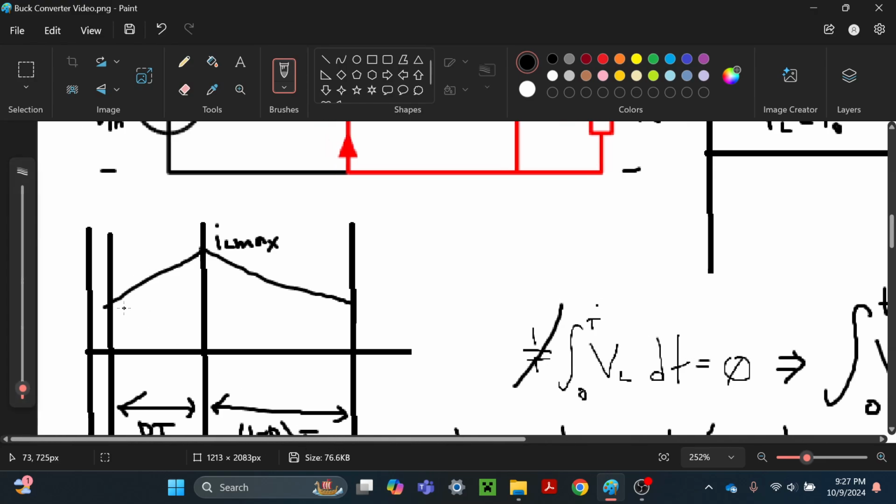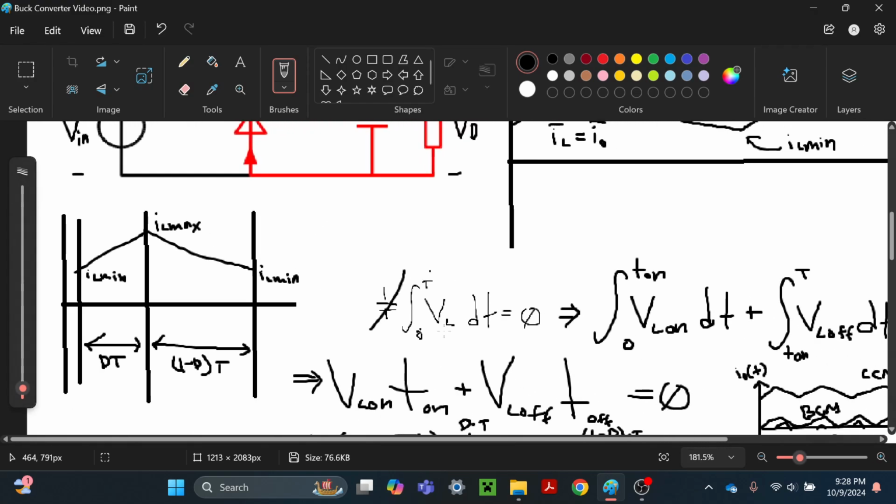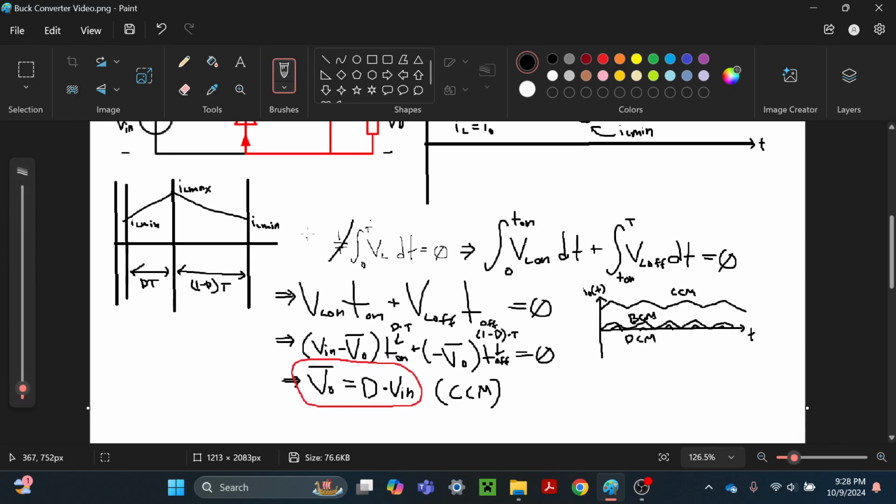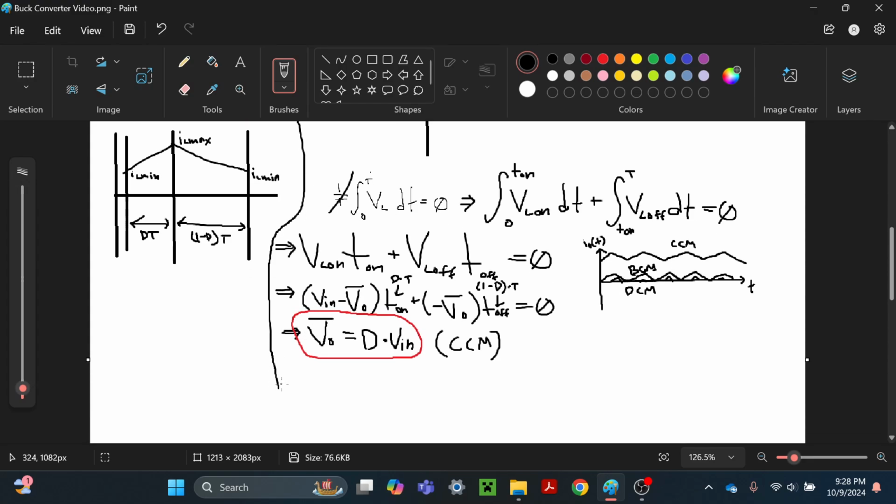And this is IL min, as is this IL min. Okay. So just draw this, separate these sections.